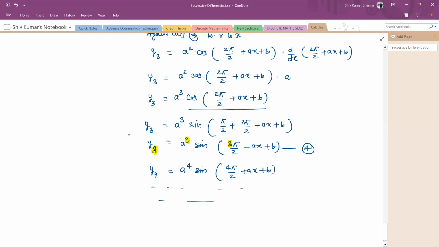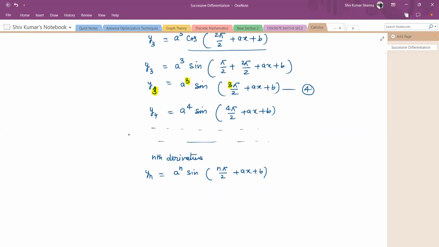Then fifth derivative, sixth derivative, and then the nth derivative, which we write as yn. yn is equal to a raised to the power n into sin(n pi/2 + ax + b).